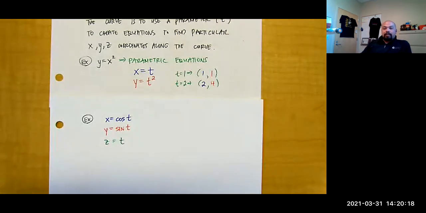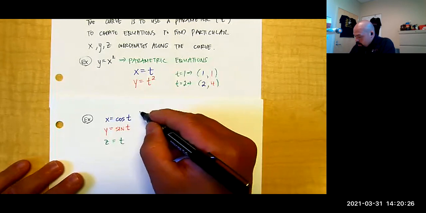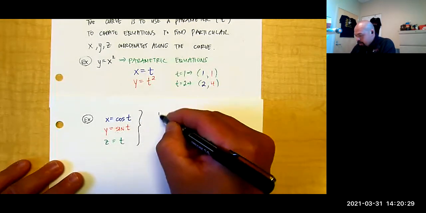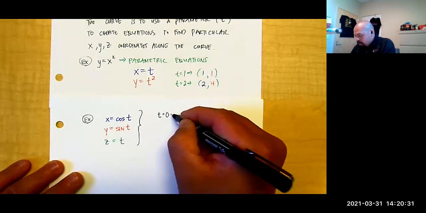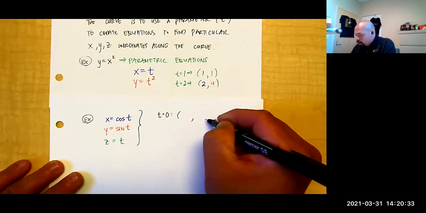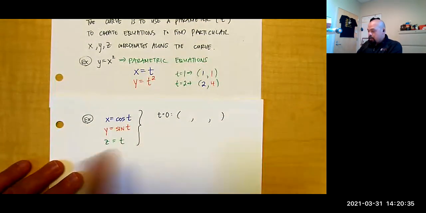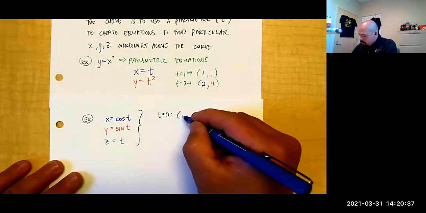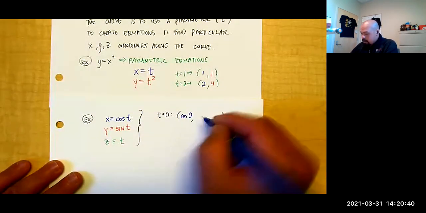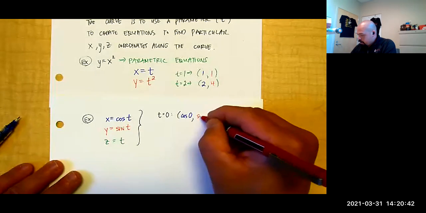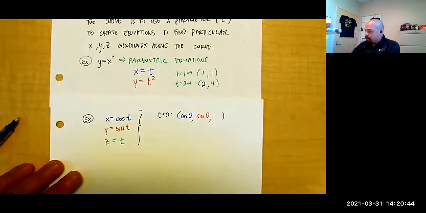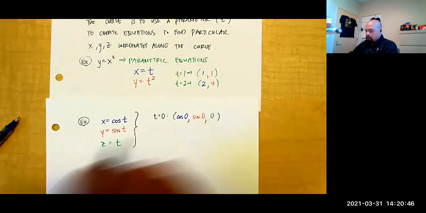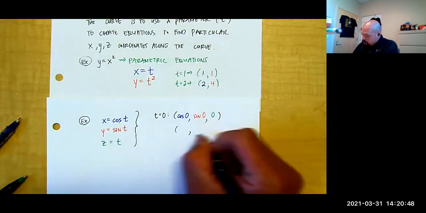If that's a set of parametric equations for this space curve, when we start to think about points, when t equals 0, for instance, then our ordered triple is cosine of 0, sine of 0, and then z is the same, 0. So we're going to get this ordered triple.